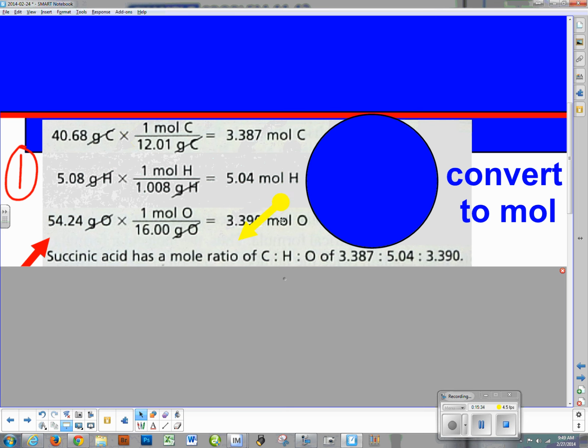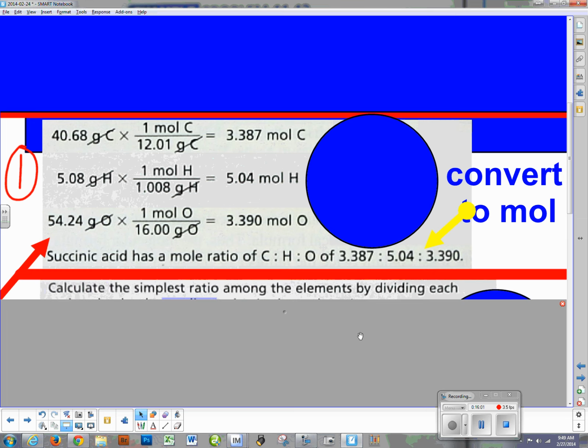Okay, good. So now we've got a problem. What is our problem in using these for subscripts? They are not whole numbers. And all subscripts that we saw in all of those equations, you look at any number of equations in any textbook, you'll always find whole numbers.